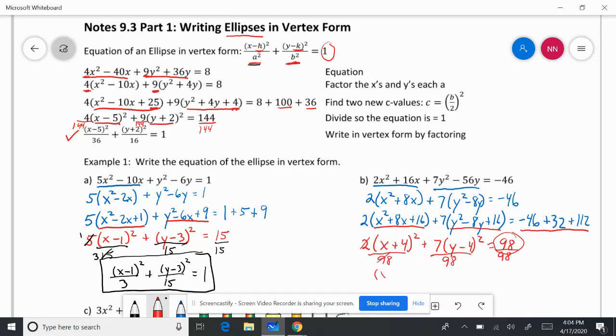So what we get is x plus 4 squared all over 49. And we're going to divide these by 7, and that gives us 14. So we have y minus 4 squared over 14. And that is equal to 1.